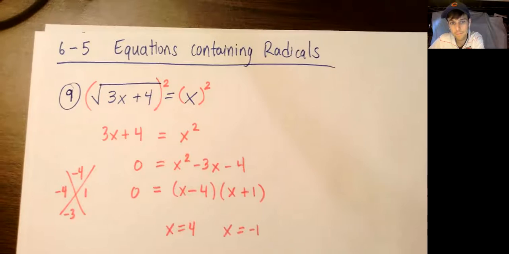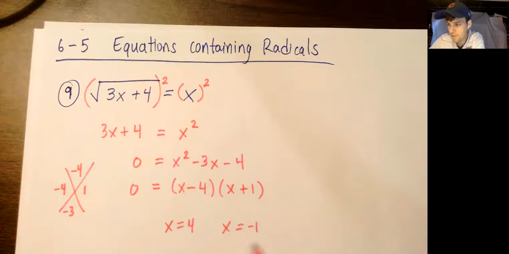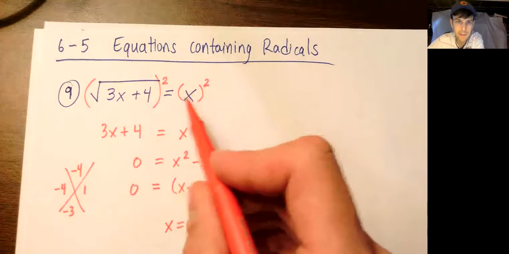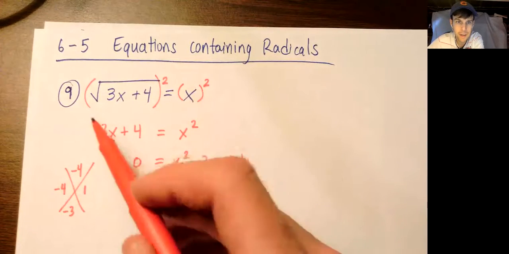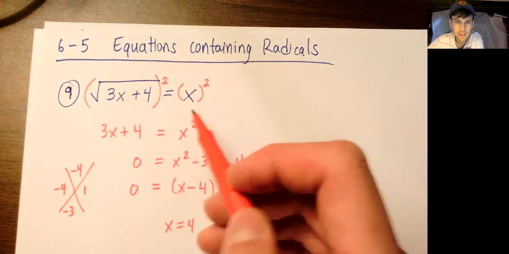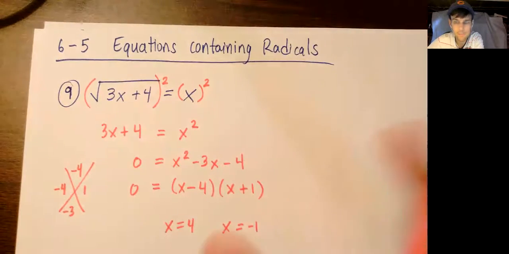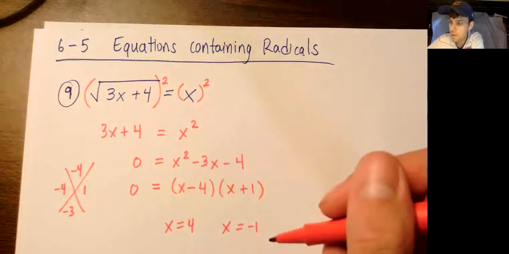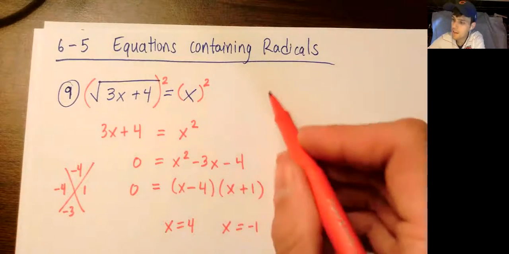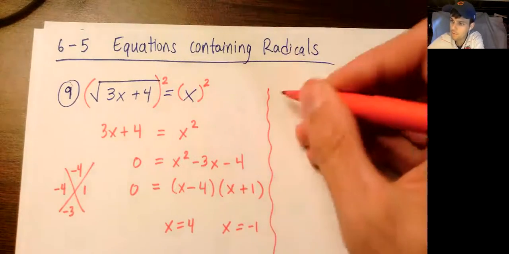All right. I already have my suspicions about this as a possible solution. I expect this one might be extraneous because when I plug it in here, I'm getting -1, but when I take the square root of something, I don't usually get a negative. So anyway, let's go ahead and plug these two numbers in to check our work.